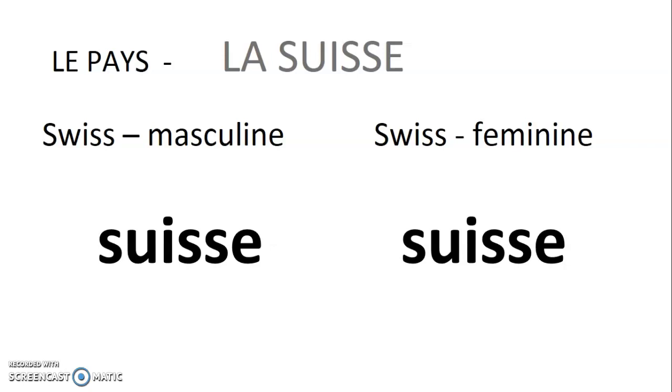This is the easiest situation here because whenever the masculine form already has an E at the end, there is no reason for us to add an extra E here. And that's only if the E doesn't have an accent. So we have masculine and feminine form Suisse. And actually it's the same form as for the country, so beware, pay attention.